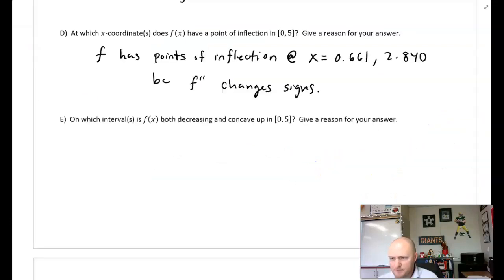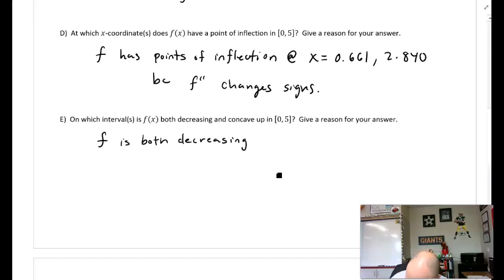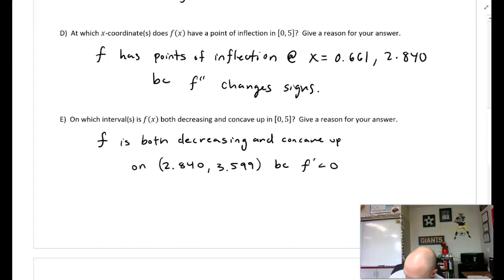It's increasing there, okay? So we can say f is both decreasing and concave up on 2.840, comma 3.599 because f prime is less than 0 and f double prime is greater than 0.